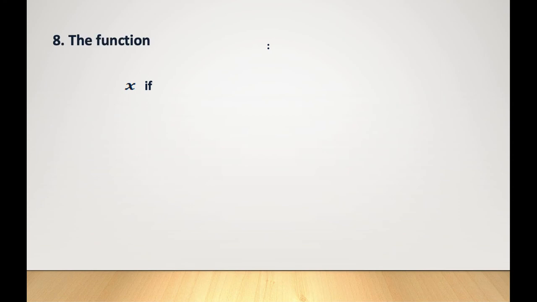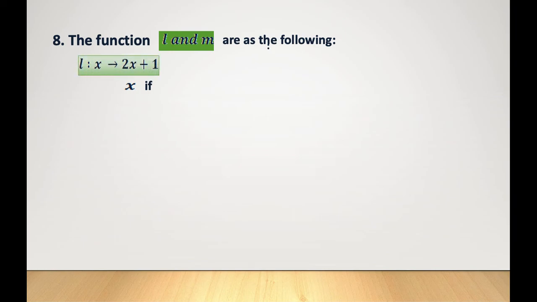Now students, we'll move on to the next question, the same exercise, exercise 12, question number 8. Please open your textbook, page 284. The question is: functions L and M are as follows. L of x is 2x plus 1 and M of x is 3x minus 1.